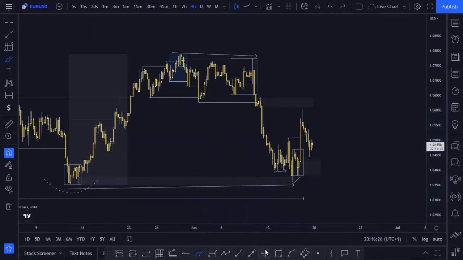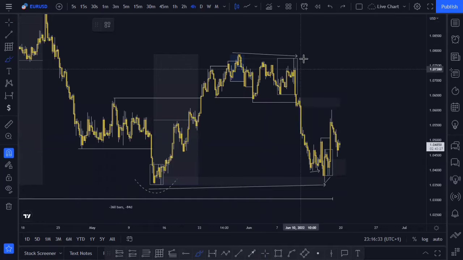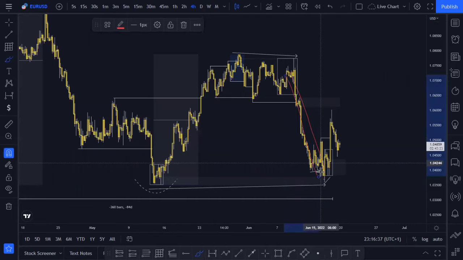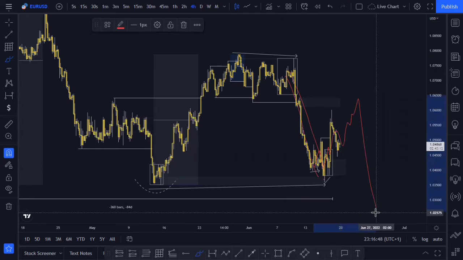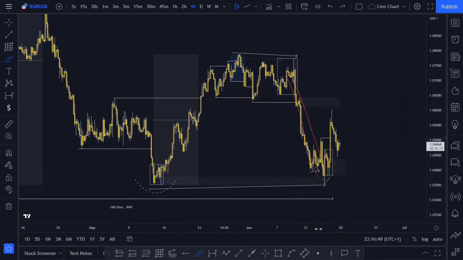So after the push phase, we get some kind of pullback, and then price continues the bearish trend.